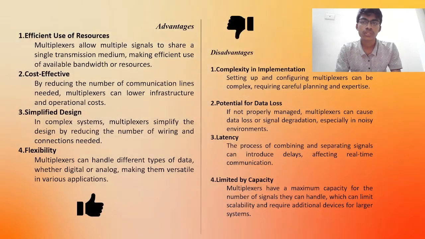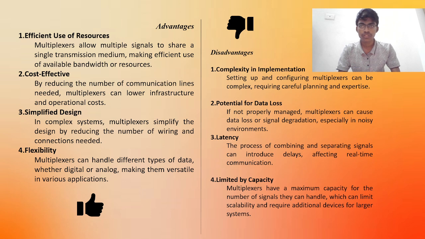Now let us look into the main advantages and disadvantages of multiplexers. First, on the advantages side, efficient use of resources. The main principle of a multiplexer is to convert multiple inputs into a single transmission medium so that we can access everything from the single output.